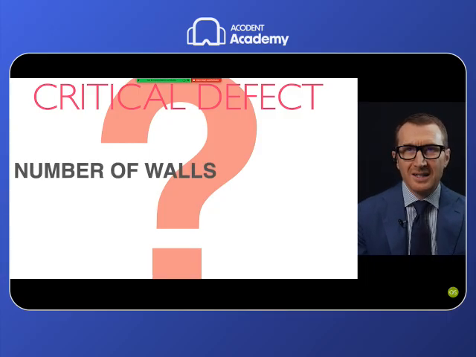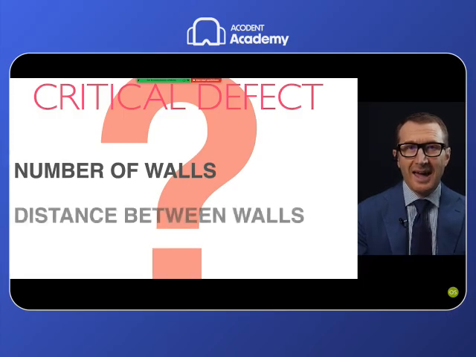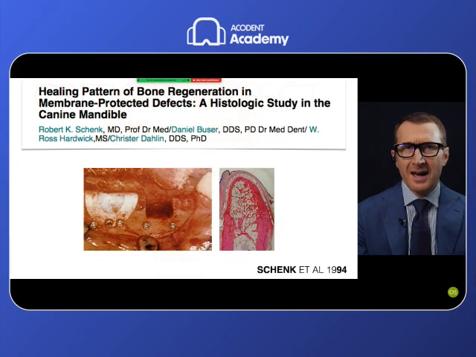Now, how critical is the defect? It depends on the number of walls and basically on the distance between the walls. And these 2 factors are the most important to evaluate clinically and pre-surgically how difficult the regeneration will be in that area. Why am I telling this? Because we have many studies on wound healing and bone formation.